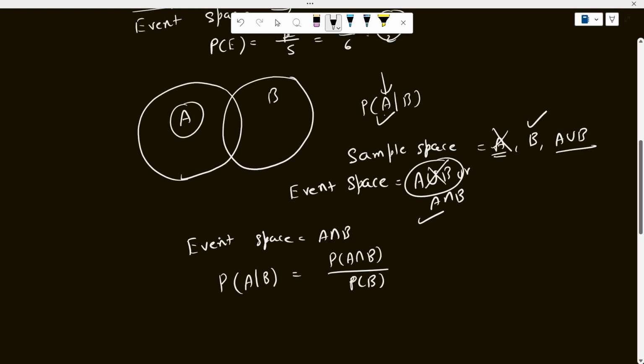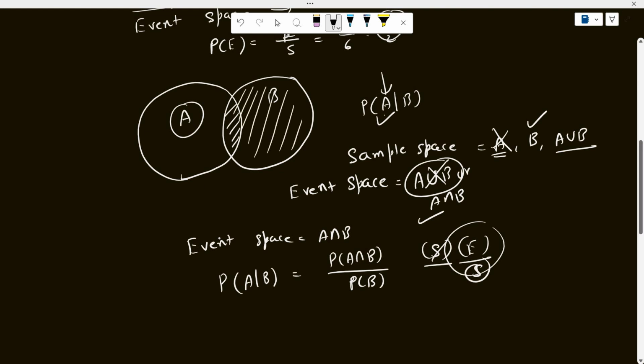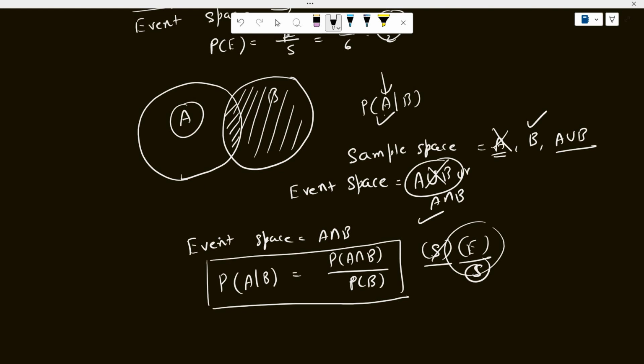Because we have event space upon sample space, E upon S. This is the formula: the probability of A intersection B to occur upon the probability of B to occur. So this will be the formula for the dependent event A when B has already occurred.